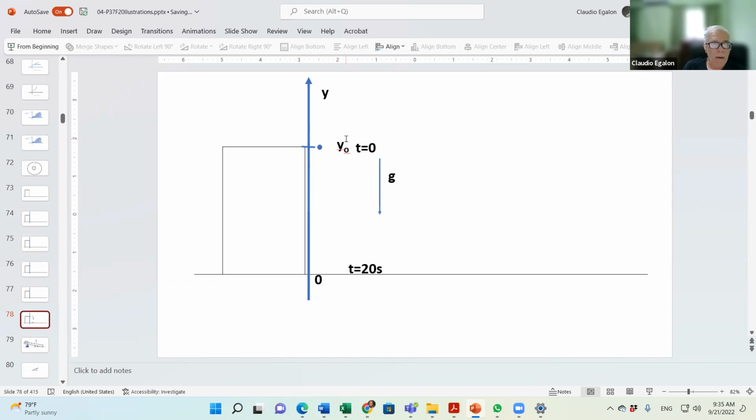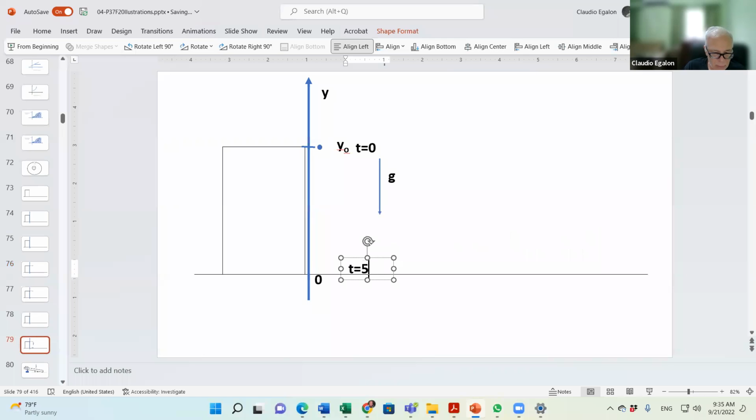That's what we call the y0 position at time t equal to 0. And in the next slide, the stone is about to reach the ground, I'm going to put 5 seconds, okay?